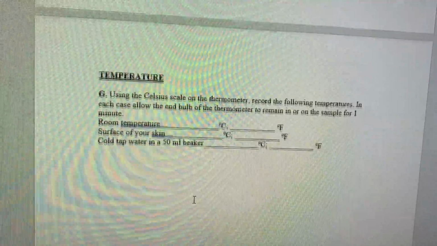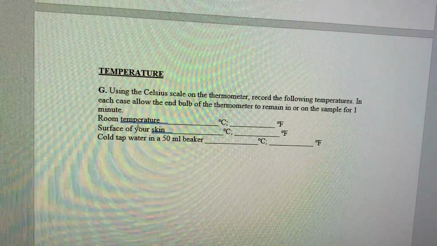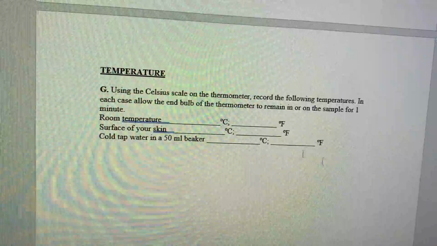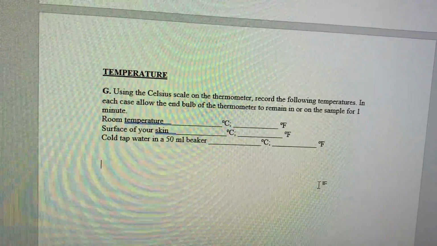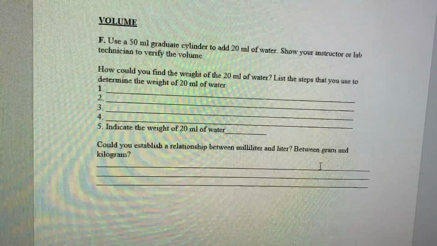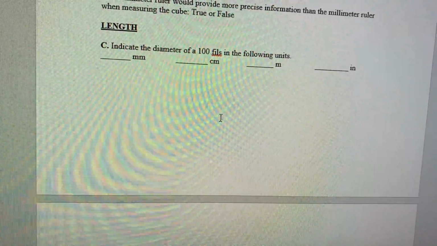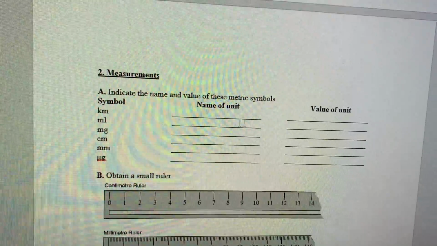And I will give you the room temperature, the surface of skin, and cold tap water, and I need you to do the conversion here. This is your assignment. Okay? I will indicate on the assignment which ones to do in class and which ones to do at home.